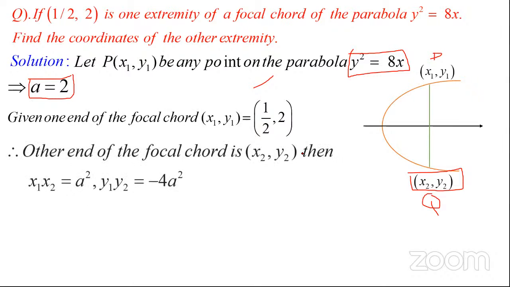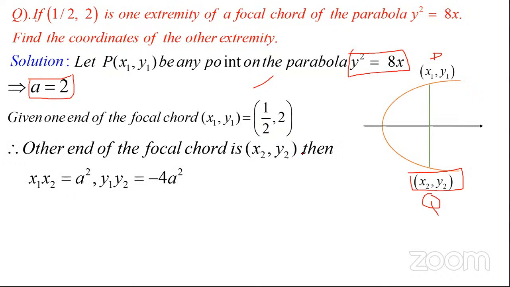The other extremity of the focal chord is (x2, y2). We derived this formula in the previous class: x1 x2 = a², y1 y2 = -4a².